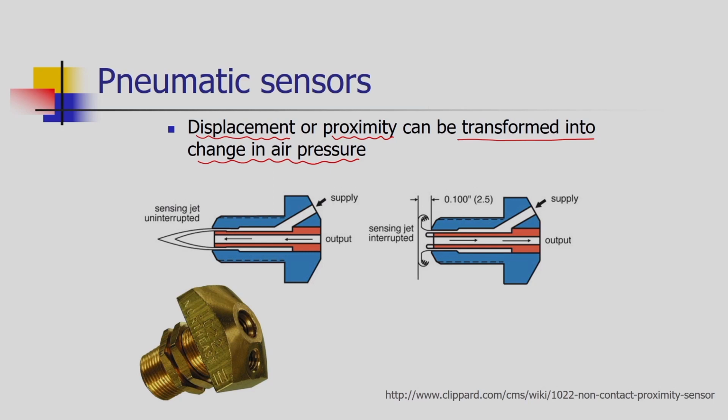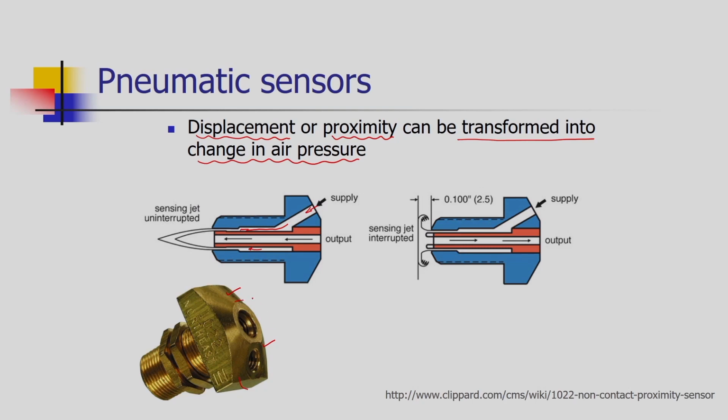The construction of a pneumatic sensor can be seen on your screen. It has two ports. This is the supply port. The supply port is annular, or this groove is annular, and there is a central port inside a metal body. A pneumatic sensor in actual sense can be seen here.